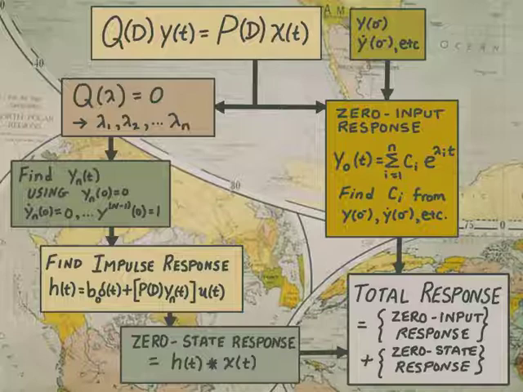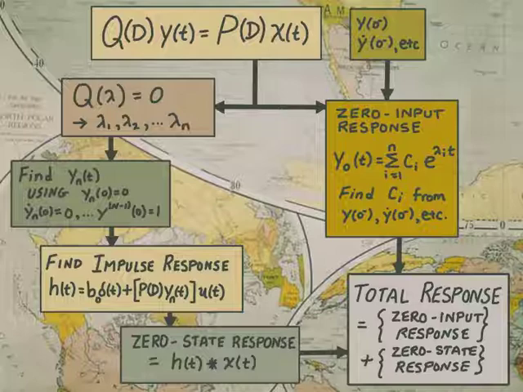We then proceed either down one path or the other to find either the zero input response or the zero state response. The zero state response is found by the process given on the left-hand side of the diagram. The zero input response is found by the process on the right-hand side of the diagram.